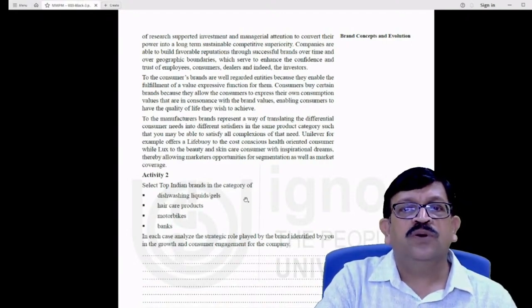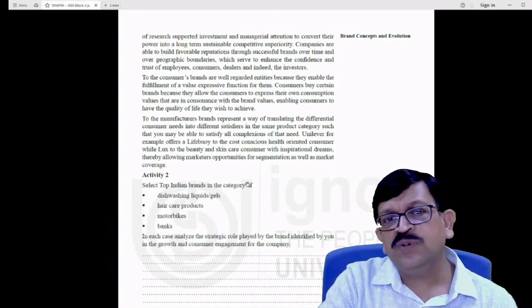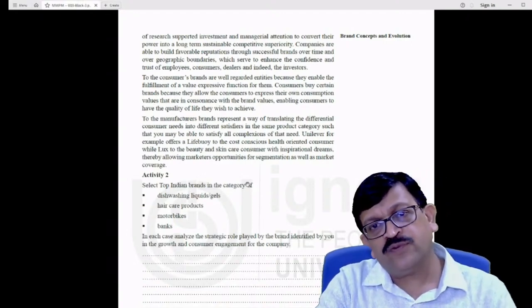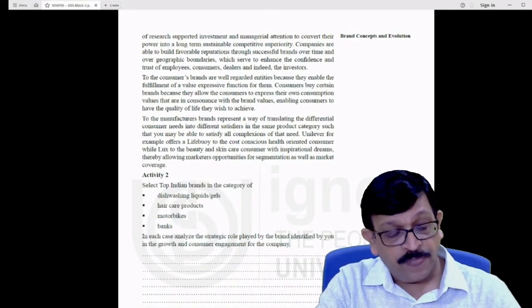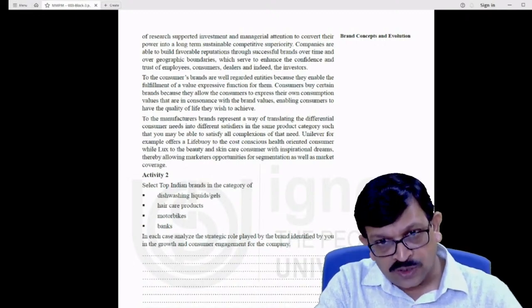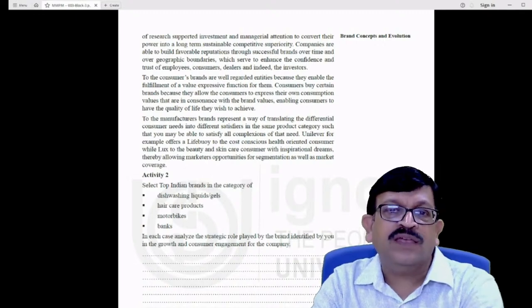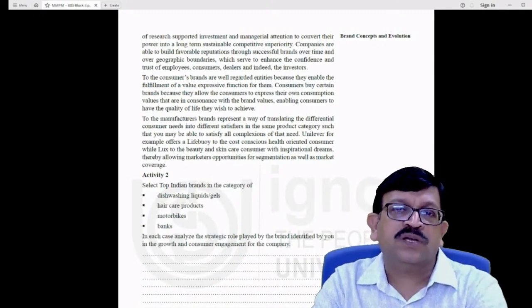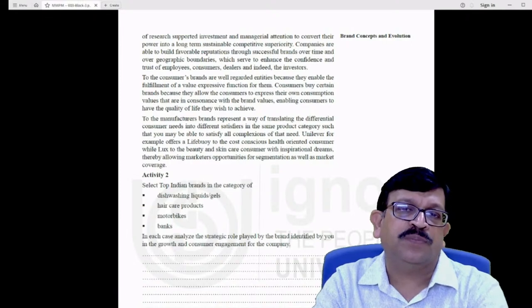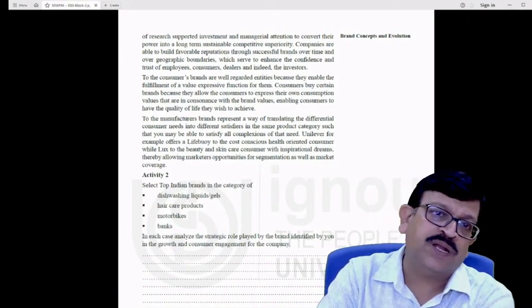So consumers understand, if you look at the brand value chain today, they look into the consumer, the company of course, and then the stakeholders. The stakeholders are the shareholders and the investors and the public who are interested in the brands today.